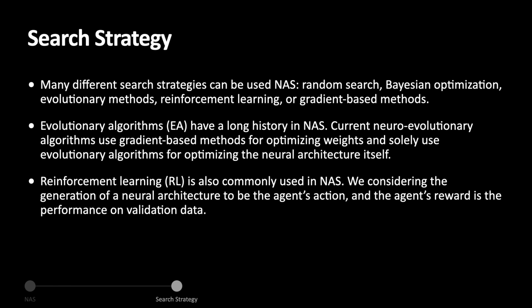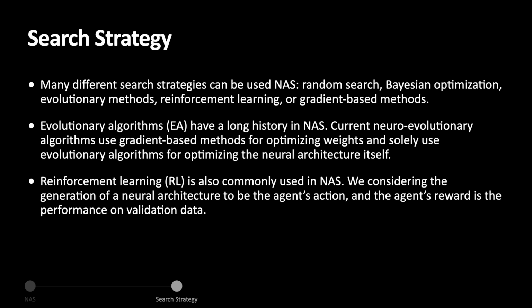However, when scaling to contemporary neural architectures with millions of weights, SGD-based weight optimization methods currently outperform evolutionary ones. Therefore, more recent neural evolutionary algorithms use gradient-based methods for optimizing weights, and solely use evolutionary algorithms for optimizing the neural architecture itself.